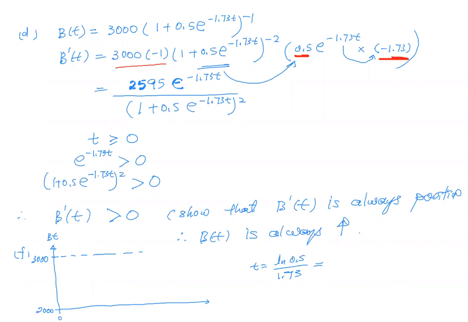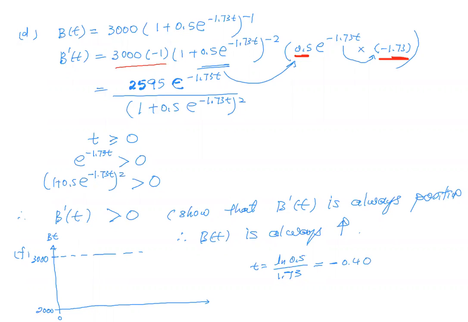Hello, can someone give me the value for this? When I call, no one wants to answer. Negative 0.40. So that means there is no inflection point involved.